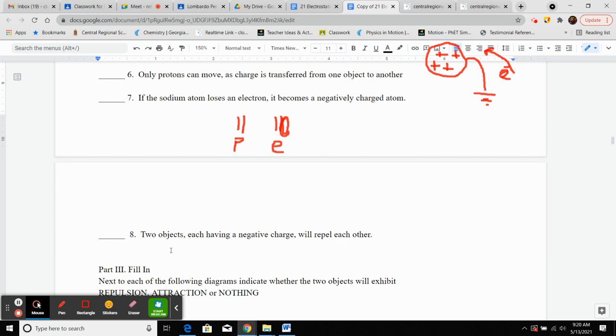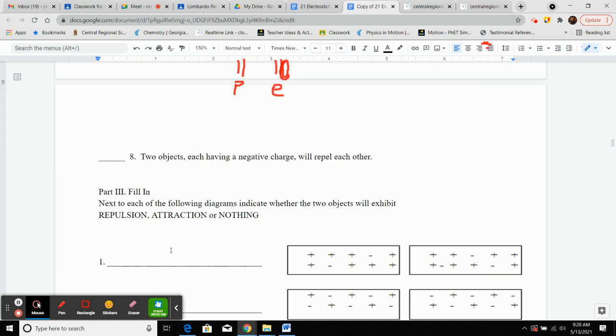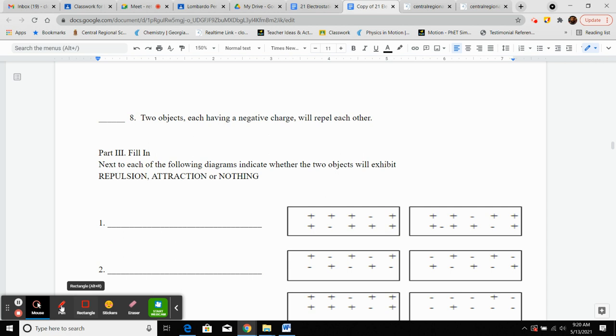8. Two objects, each having negative charge, will repel each other. Yup. Like charges repel. So guys, we did this the other day. They're just in possibly a different order. So what you need to do for this is count up the number of positives and negatives you see, and figure out whether or not it's positive, negative, or neutral.